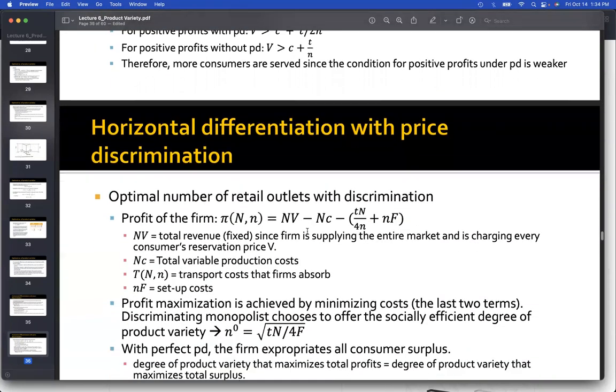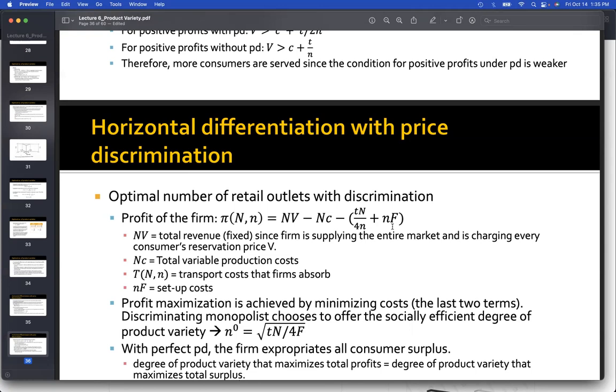Now let's talk about the optimal number of retail outlets with price discrimination. The profit of the firm is the following: NV minus NC minus, again, this is the cost of providing for N firms selling to everyone. And this happens to be like the sizes of the triangle times 2 times the number of stores, etc. We already derived this. Plus NF, which is the setup cost. Okay.